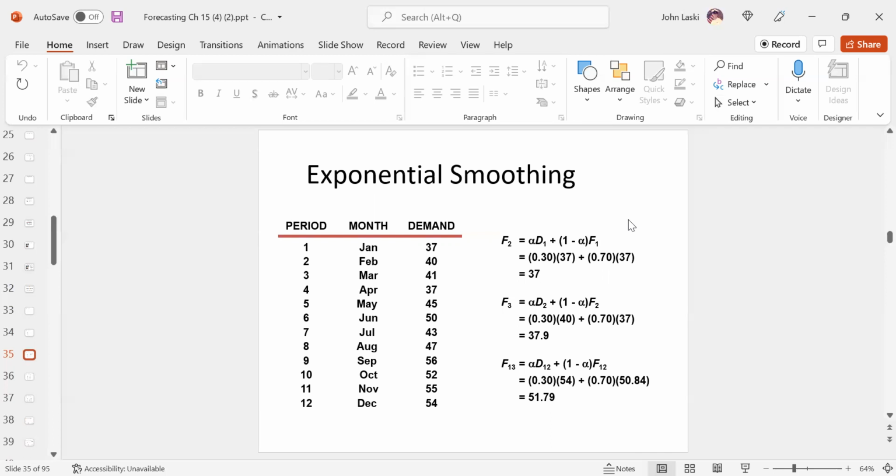And remember, we said that everything has to be between 0 and 1, or 0 and 100%, if that's easier for you to understand. Already looking at this, a portion of this plus the reciprocal, a portion of that equals 100%. So if I'm using 37, the demand data in both locations, just looking at this, I already know the outcome. It's 37. But let's go through the steps anyway.